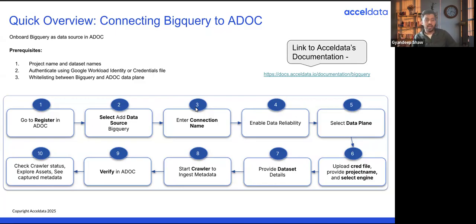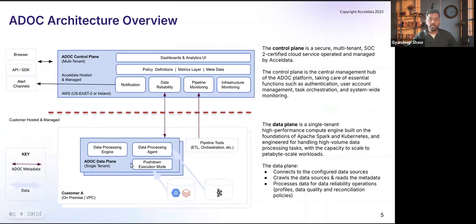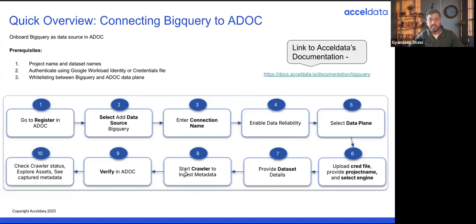And then you need to have the communication whitelisted between BigQuery and the ADOC data plane, right? So communication between this and this has to be whitelisted, again, if you're using the first approach. But that's the minimum requirement.